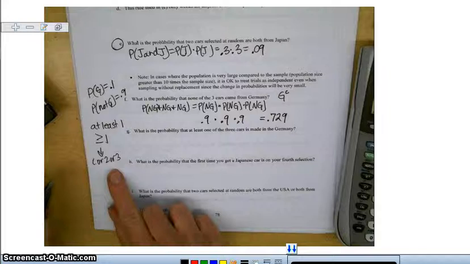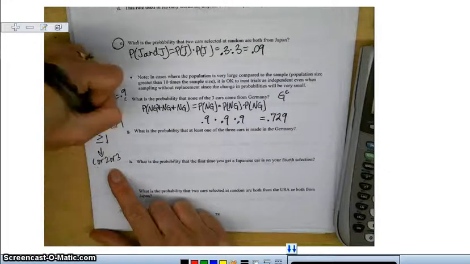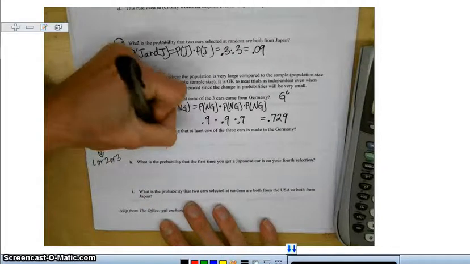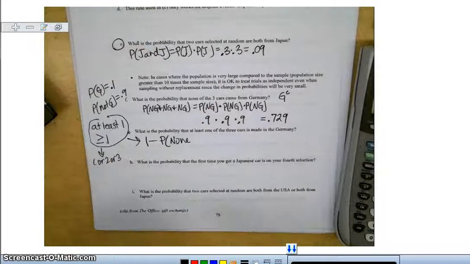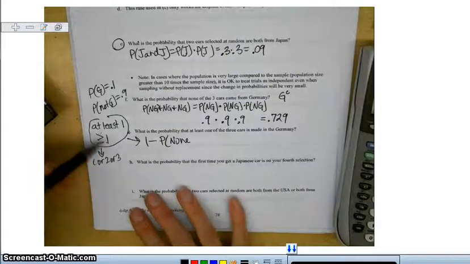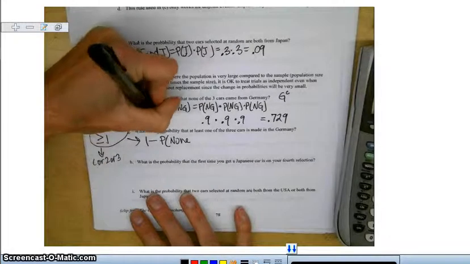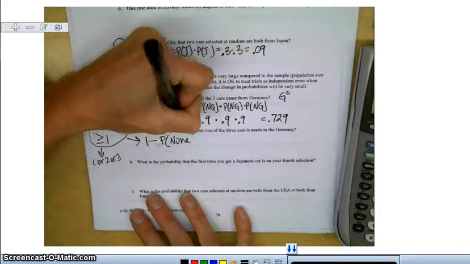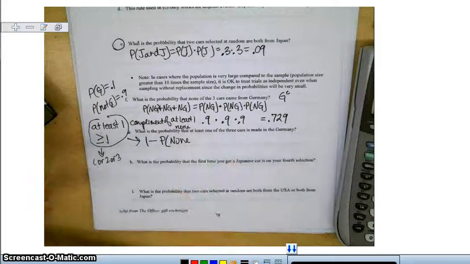Now, this is a challenging probability to find unless I use the complement. So whenever they say at least one, you're going to do 1 minus the probability that none of them. Because the complement of at least one is none. 1 or 2 or 3, the only thing opposite from that is none of them.